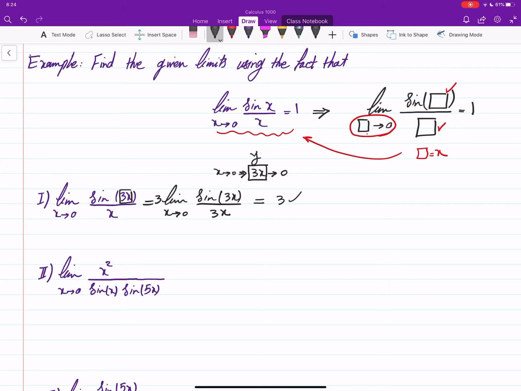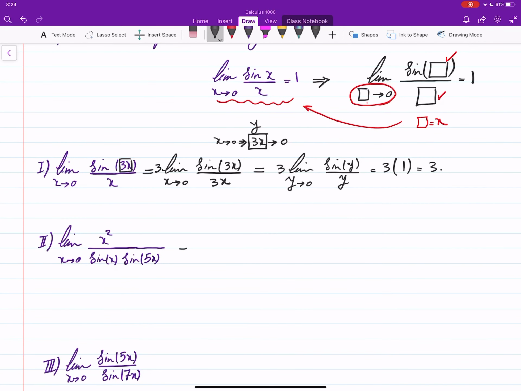Then we have 3 times the limit of sine y over y as y approaches 0. Well, you see, this is now exactly the placeholder x replaced by y, and then we have 3, the limit is 1. And you see, this gives us the limit is equal to 3.